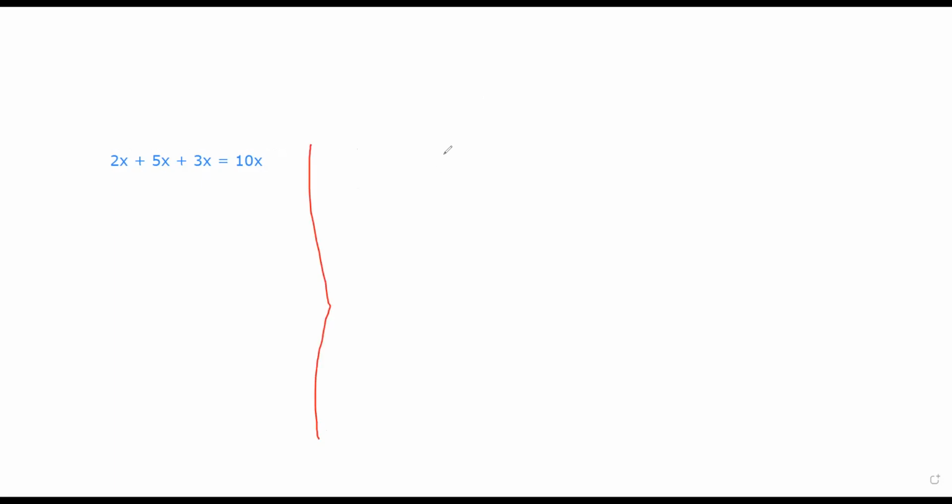What about 2x? Take this down and let me know what's the answer. 2x minus x plus 4x. 5x, excellent.